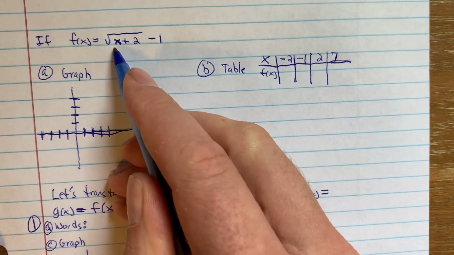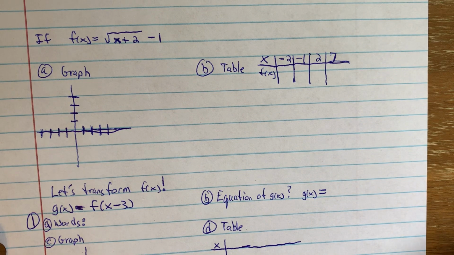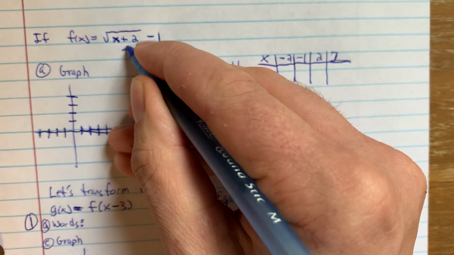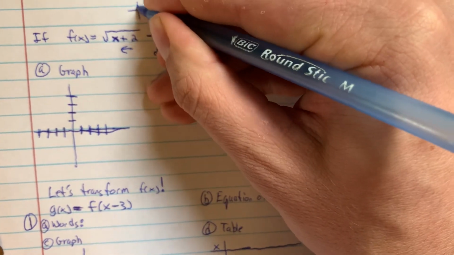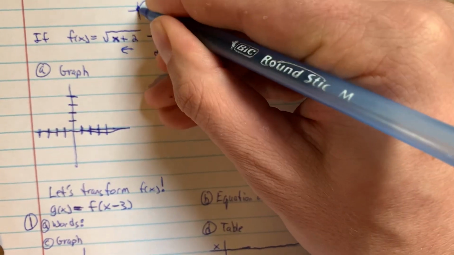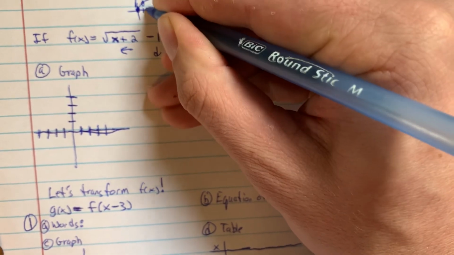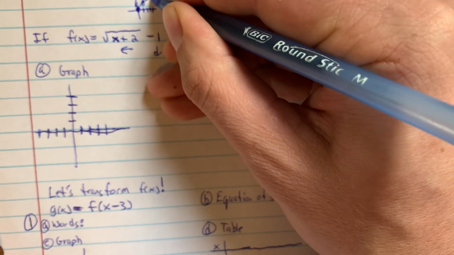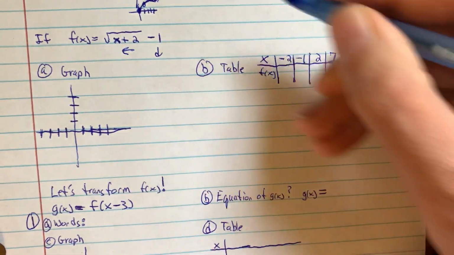So go ahead and graph f of x equals the square root of x plus 2, minus 1. Hopefully we know that this is shifted to the left by 2 and down by 1. The parent function of square root has a vertex at 0, 0, and the square root of 1 is 1. The next square root we can do is the square root of 4, which is 2, and it makes this concave down but increasing shape.